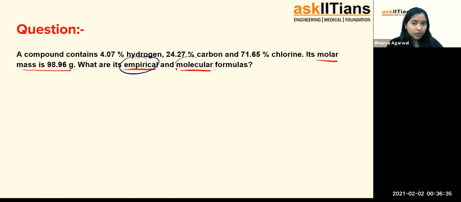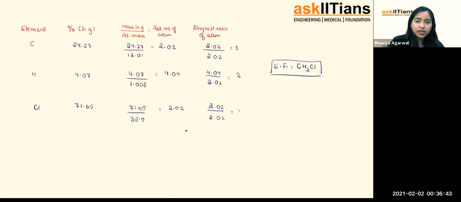Now the second part of the question is to find out the molecular formula. And what is given? The molar mass is given as 98.96. So can I do the work? I know that N into empirical formula mass is equal to the molecular formula mass, right?